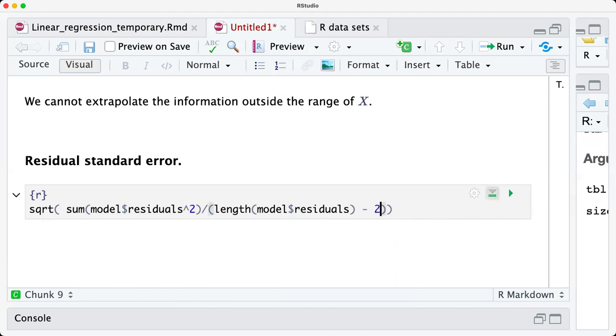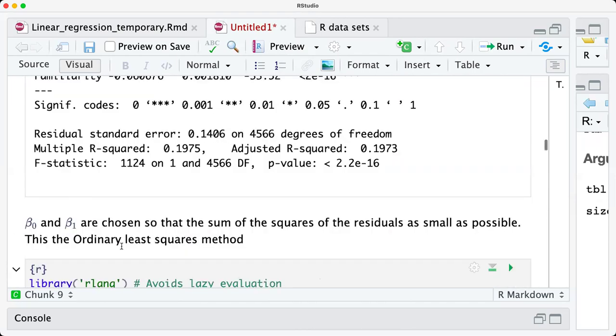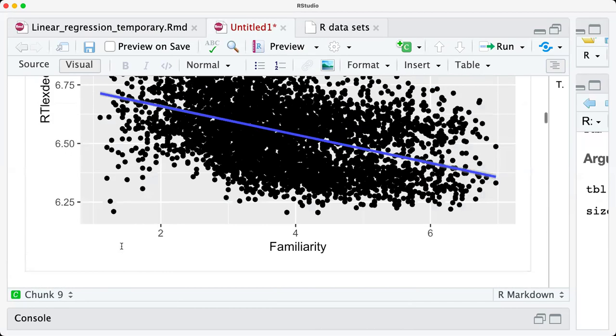Maybe it should be 0.14. Let's see if I'm right in this model.